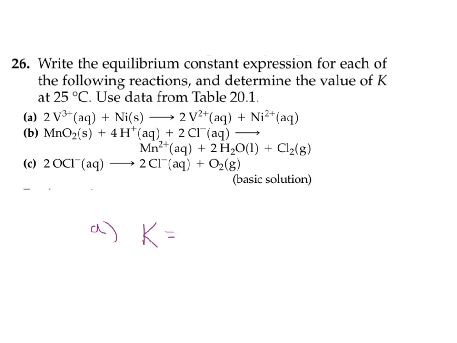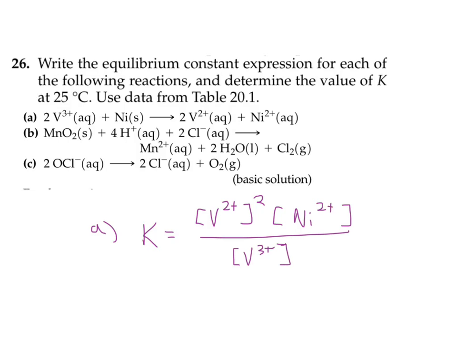So K is equal to the molar concentration of the V2 plus squared times the molar concentration of the nickel 2 plus, raised to the first power, divided by the molar concentration of the V3 plus squared.